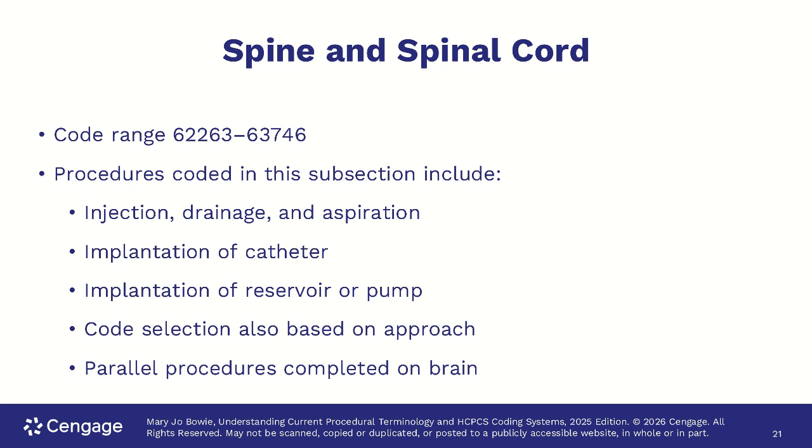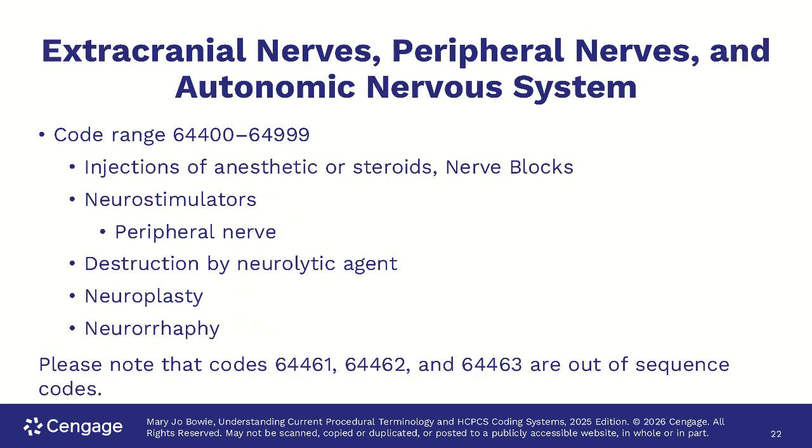I mean, it's just a whole list of stuff going on. So the codes are based on the approach, but what you're going to notice is that these procedures are not only on the brain, but also on the spine and spinal cord. So again, review the notes. Review the notes to make your life easier.